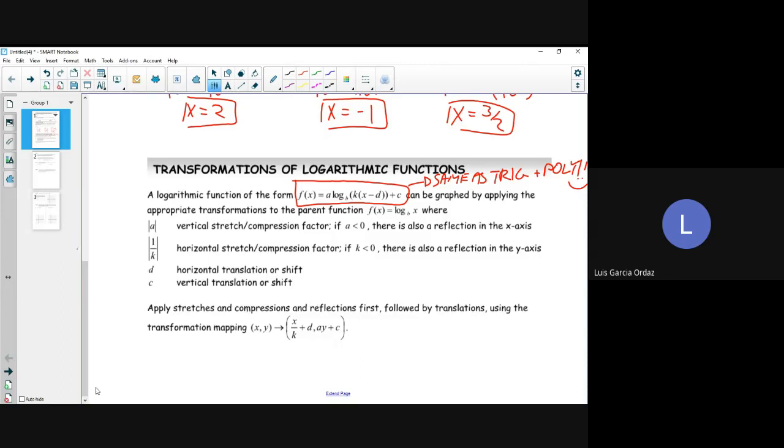If a is negative, there's a reflection in the x-axis. Remember, k is the horizontal stretch or compression. If k is negative, it is reflected in the y-axis. d is the horizontal translation left or right. c is the vertical translation up or down. And when we do it in mapping notation, we get x over k plus d, and a times y plus c.